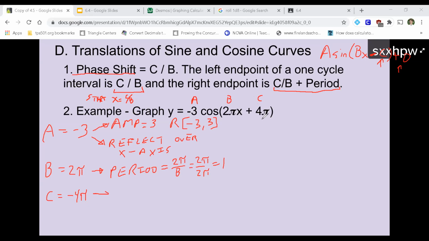All right, so the C value tells us the phase shift, which is C divided by B. So for our problem, -4 pi divided by 2 pi, which is -2.